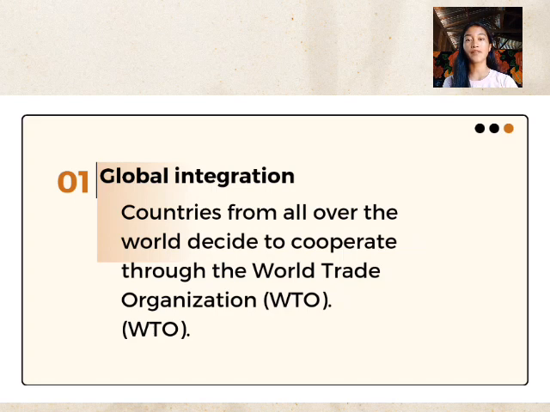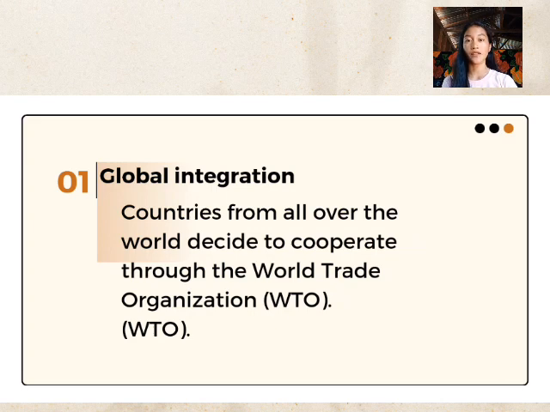Member countries from around the world participate in negotiations and commit to reducing trade barriers, promoting transparency, and fostering a more integrated global economy. When countries decide to cooperate through the World Trade Organization, they are engaging in global economic integration. The WTO serves as a platform for member nations from all corners of the world to negotiate and establish rules for international trade.